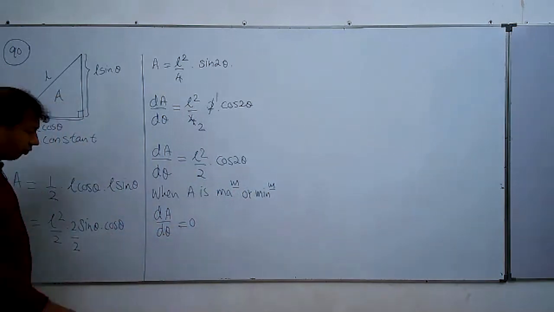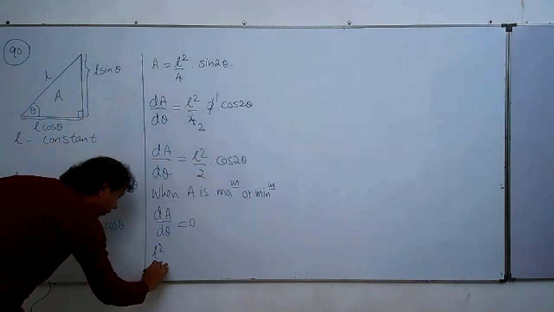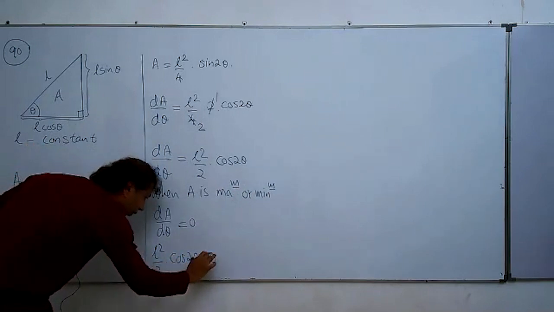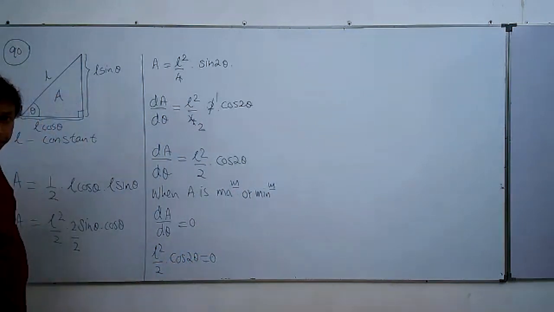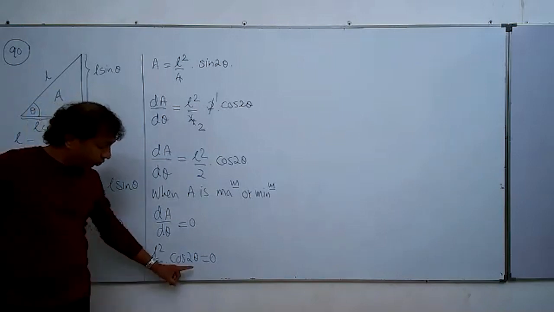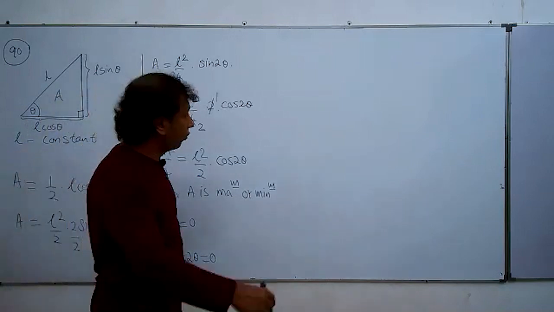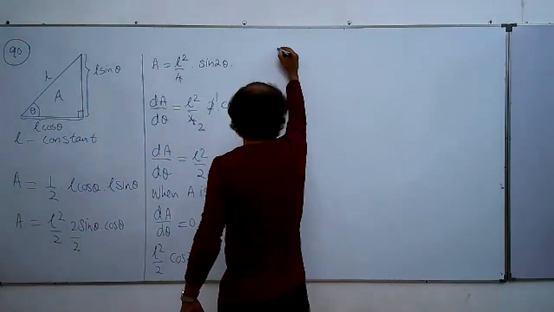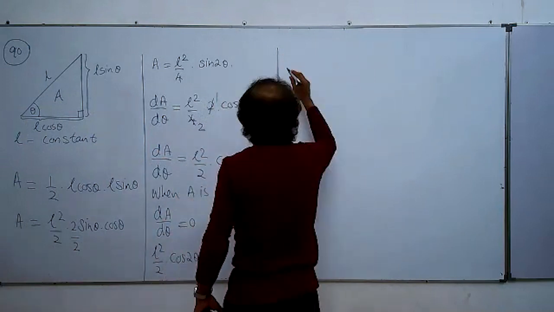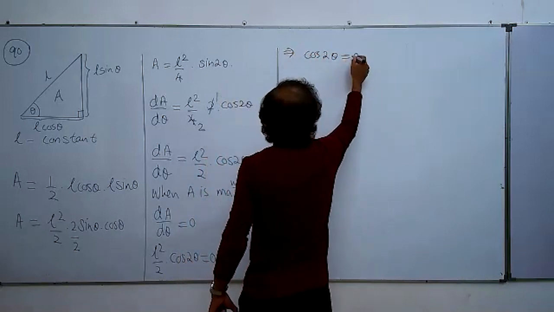Now I can put for this dA by d theta this. Then this L squared by 2 is not 0. Therefore, for this product to be 0, cos 2 theta should be equal to 0. This implies cos 2 theta should be equal to 0.